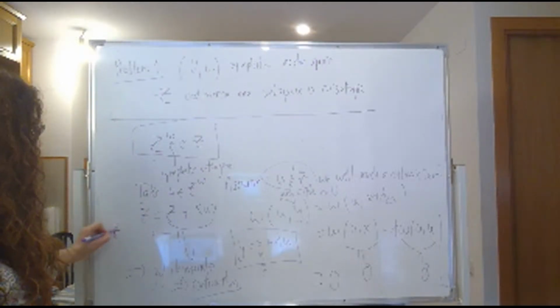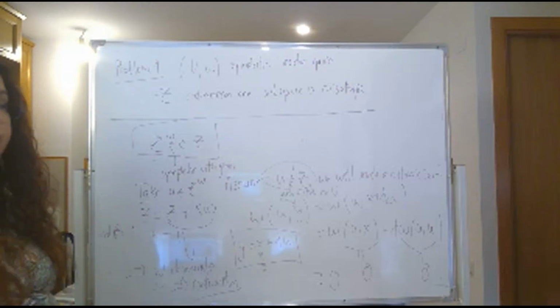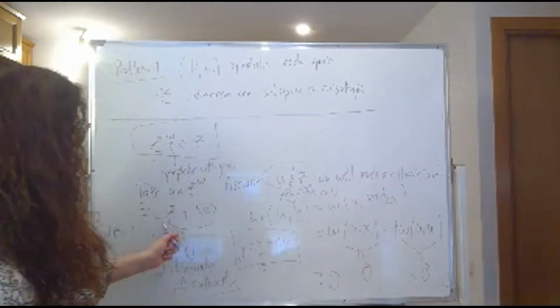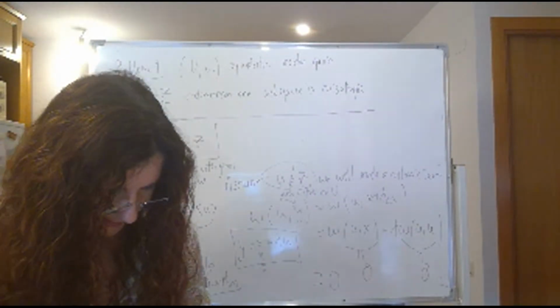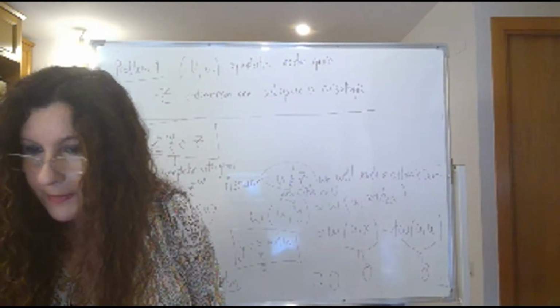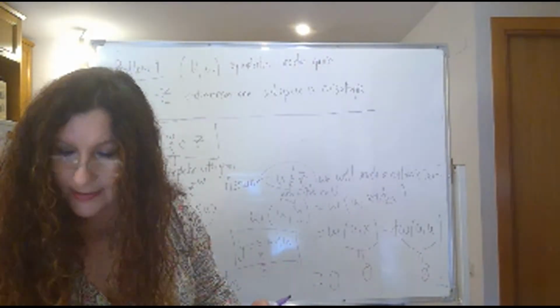Therefore, from this we deduce that omega is degenerate, which brings us to a contradiction. So the contradiction comes from assuming that U is not contained in Z.